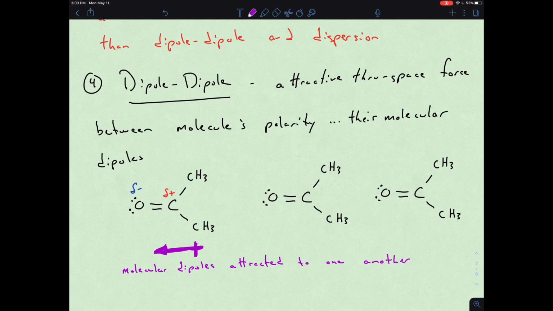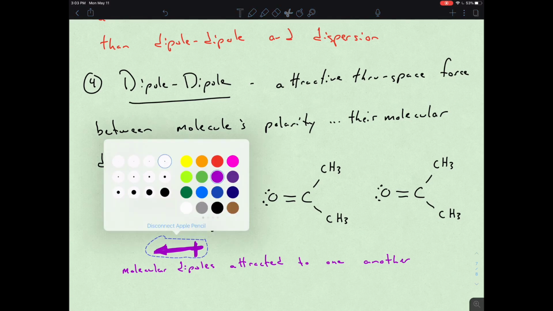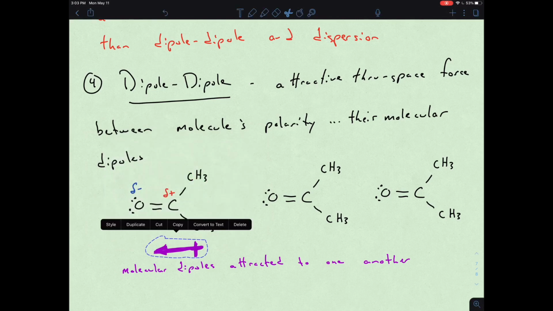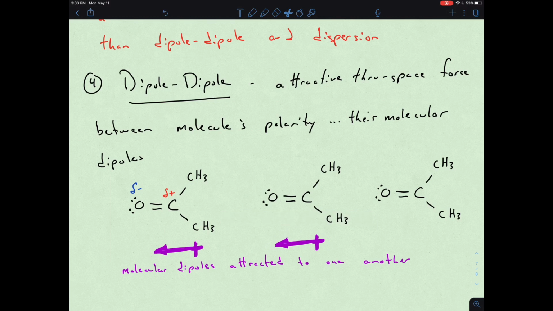Same thing with the hydrogen bonding, right? It's kind of this attractive force between something negative and positive, right? This idea that we have this Coulombic attraction between plus and minus, or opposites attract. So we have the same dipole for each one of these acetone molecules, right?